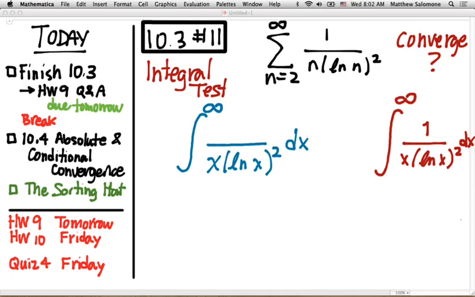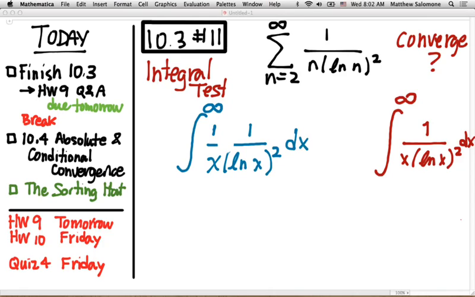So split this fraction into two pieces, like that, and give each one its own numerator. Okay? How does that help? I think it does help, but how? The derivative of ln of x is 1 over x.